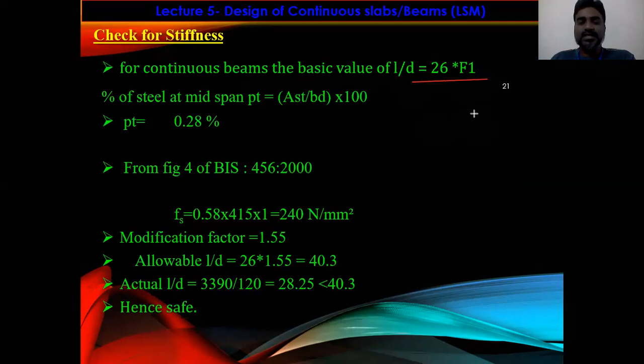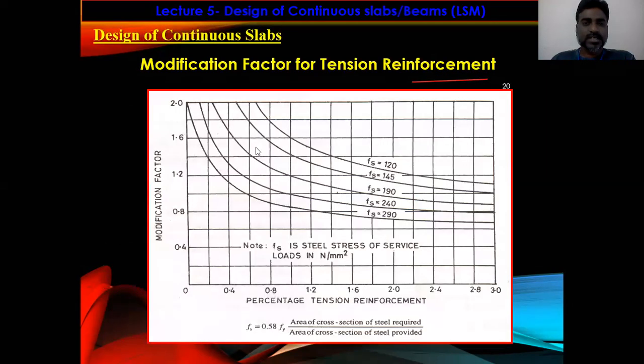And that modification factor depends upon the percentage of steel provided at midspan and the f_s value, right? So if you know those two values, based upon the curve proposed by IS 456-2000, you can determine the modification factor and multiply it with the basic value, and you will get the allowable L effective by D ratio value as per IS 456-2000, right?